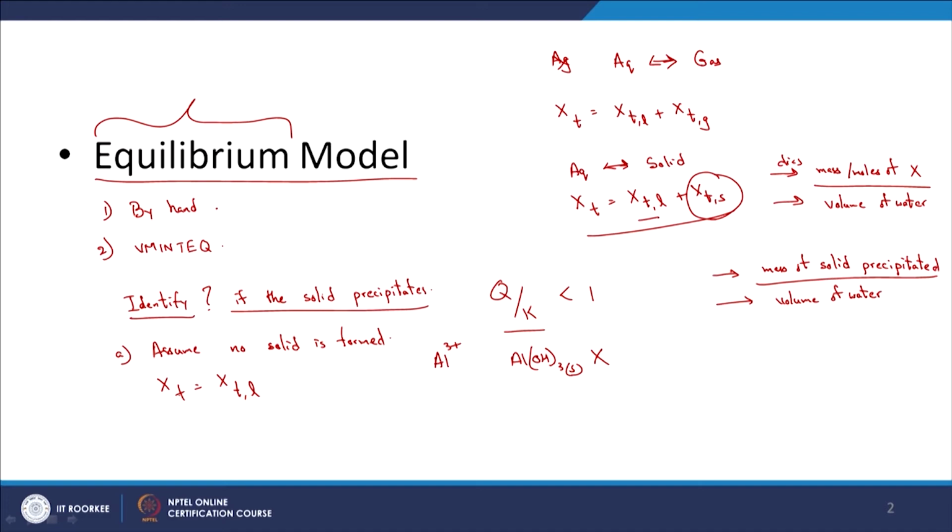So I am just going to solve for it, as in Al total will be equal to what now? The Al3+ concentration, plus what else?